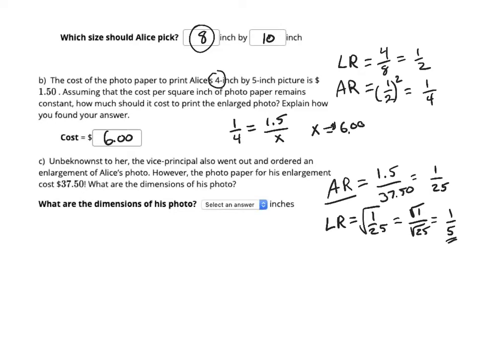So when it's asking for the dimensions, if the original dimensions were 4 by 5, then I have to multiply each one of those by 5, and that will give me the new dimensions. So my new photo will be 20 by 25. That's going to be the answer that you're going to select out of the drop-down menu.